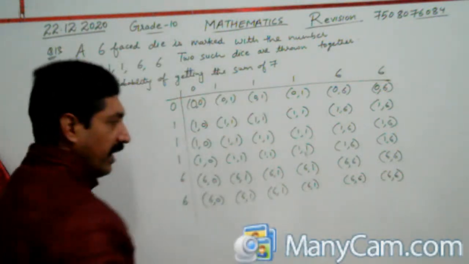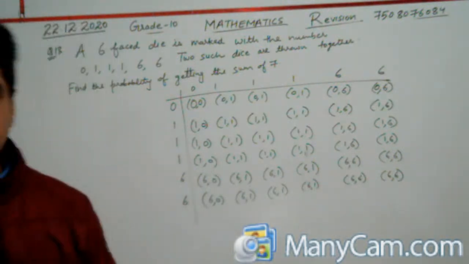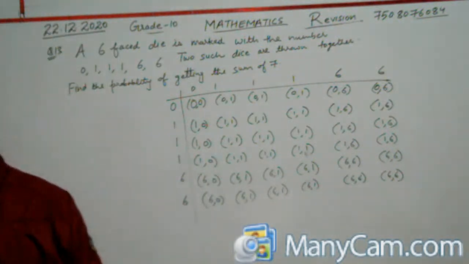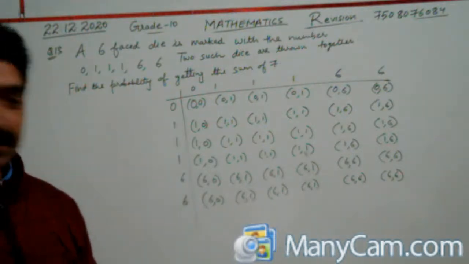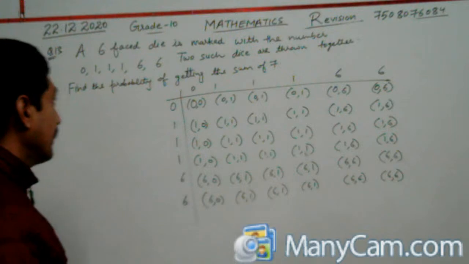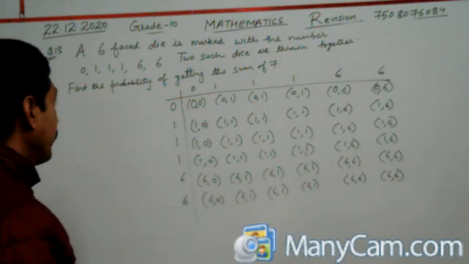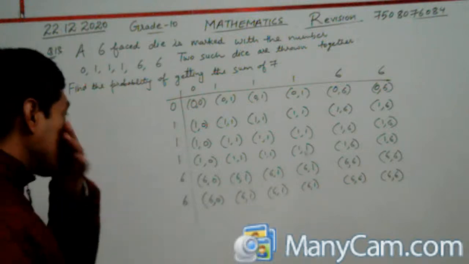So here we have this. This is a sample space, right? Here we have this sample space. So in this sample space, such dice are thrown. Find the probability of getting the sum of 7.